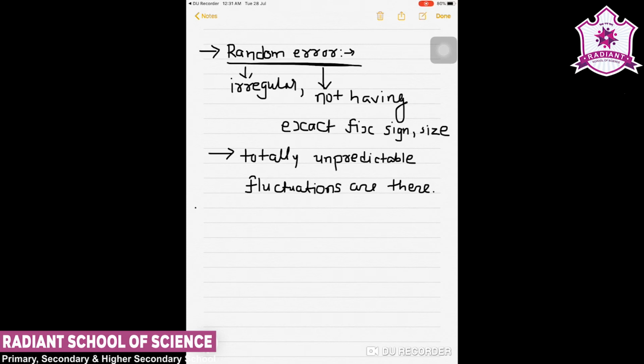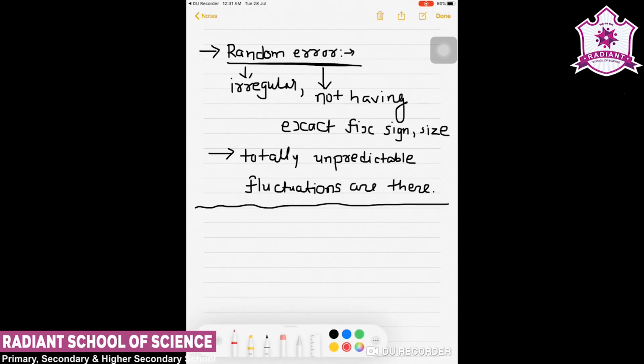So this is another type of error. And the third error that we are dealing with is the least count error. So what is this least count error?